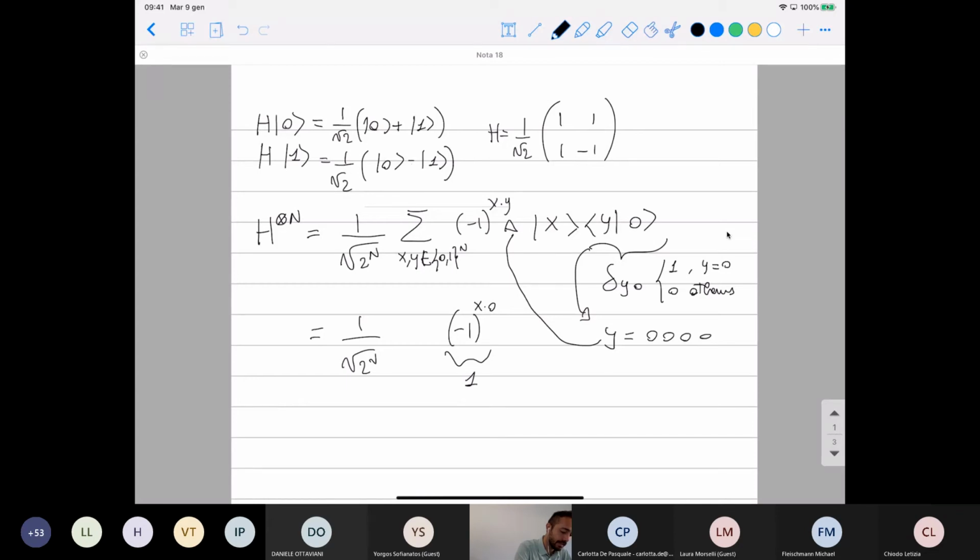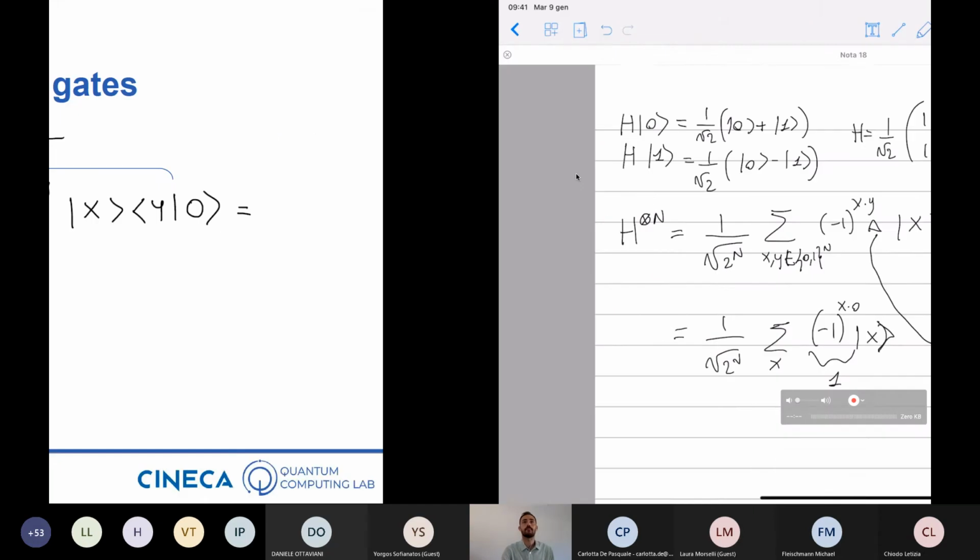So x, this is 1, as we said, because this is equal to 1. And then you're left, because epsilon is just a number, with x, and this remains. Is it okay?